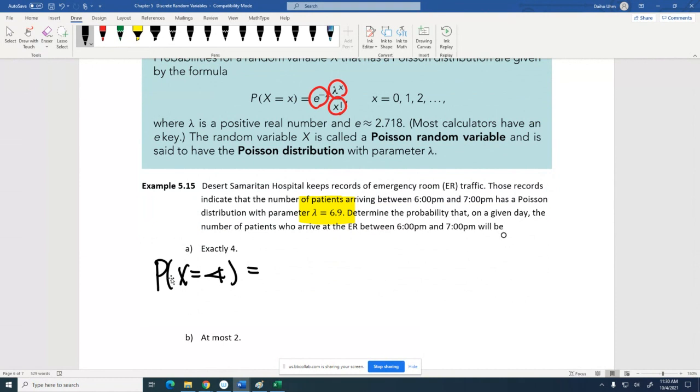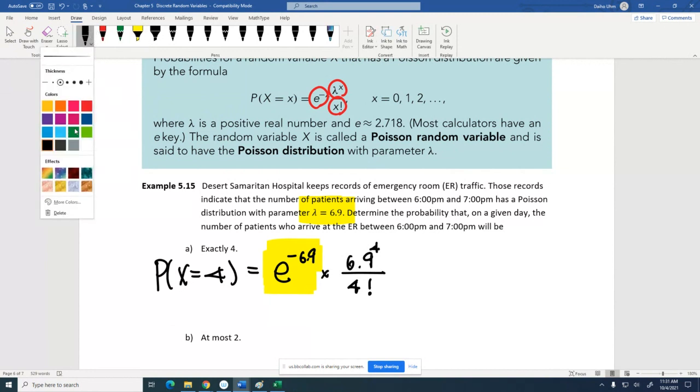So I just copy e, then the power is negative lambda. Lambda was 6.9, the average number of patients arriving at the ER, times lambda 6.9, and now it's x equal 4, and 4 factorial. Let me take one by one.